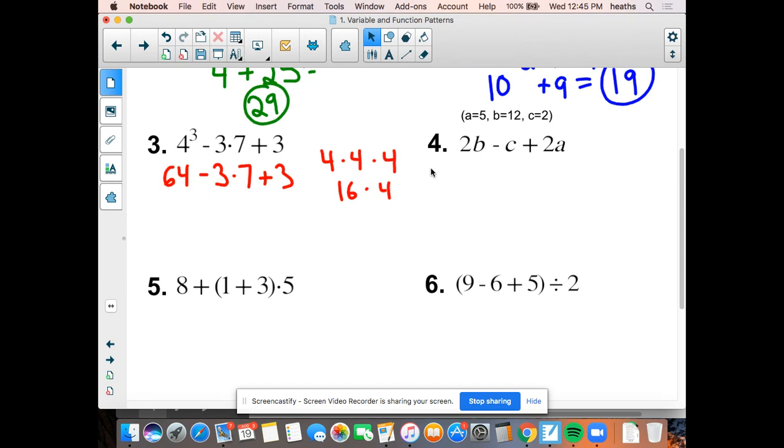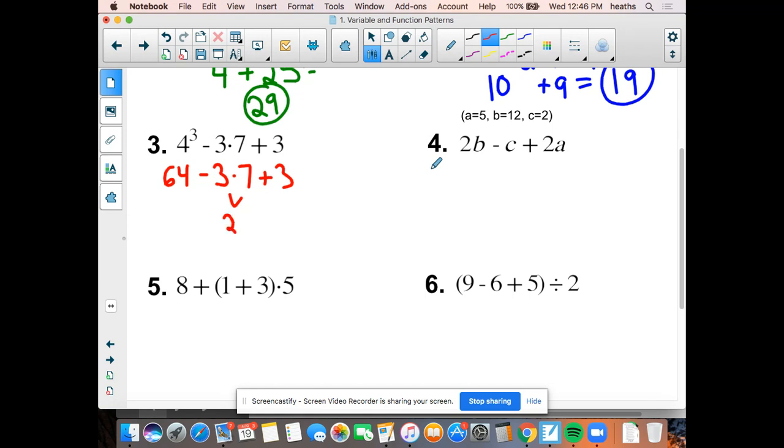I'm going to erase this just so it's not in our way. Now we have a minus, a times, and a plus. If we're going through our order of operations, the first thing we do is the multiplication. 3 times 7 is 21. Drop the rest down, 64 minus 21 plus 3.